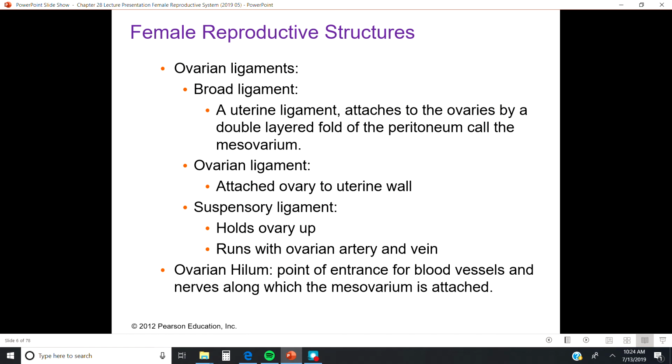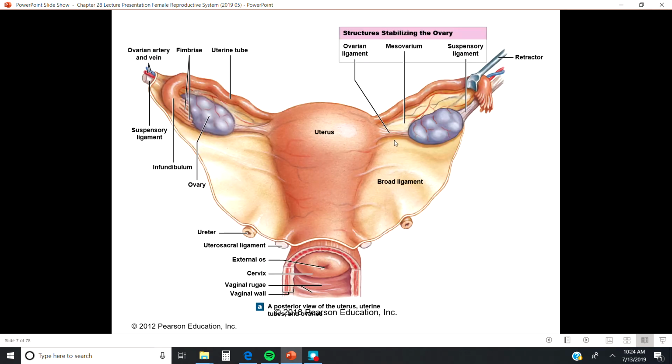Now, the ovarian ligament is going to attach the ovary to the uterine wall. So this ligament here on the right ovary and this ligament here on the left ovary keep the ovary attached to the uterus. And then before I go back to the notes, what keeps the ovary up so that it doesn't fall down along the side of the uterus? There's a ligament coming down.